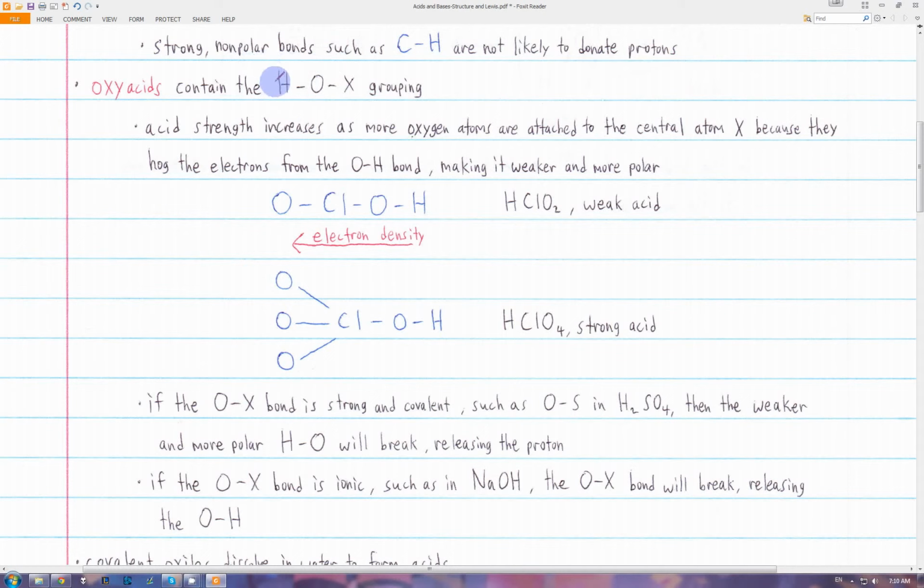So we have a hydrogen bonded to an oxygen, which is bonded to a central atom. So an example of this is the HClO series. We have hypochlorous acid, chlorous acid, chloric acid, and then perchloric acid. Each time the number of oxygens increases by 1.